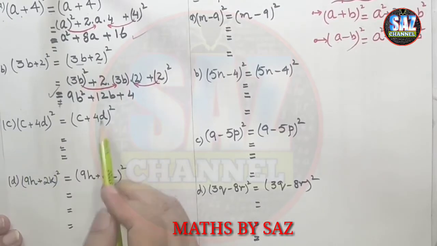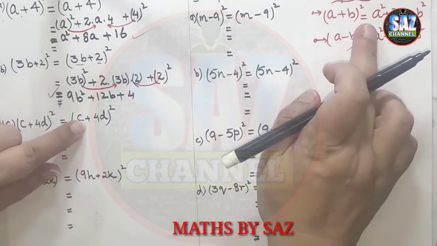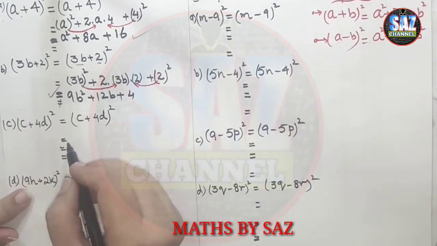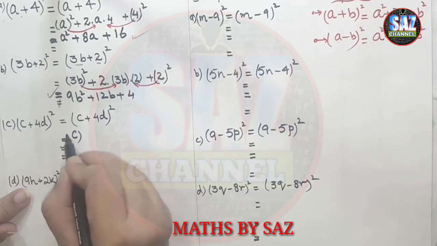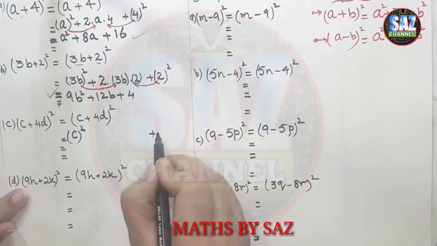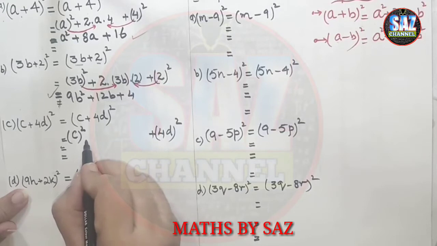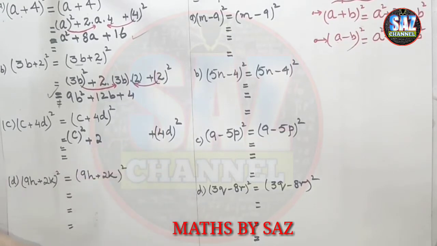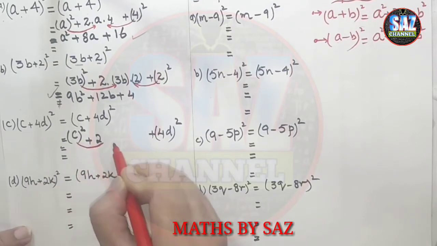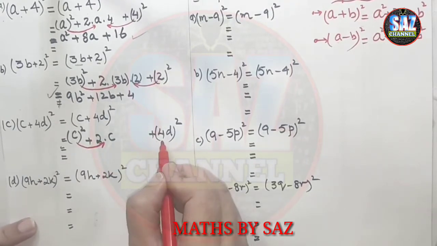(c + 4d) whole square. So a of the question is c and b is 4d. So I have to express it in the form of the identity: c square, and instead of b square I will write 4d whole square, and plus 2, and then I have to write a of the question, that is c, and b of the question, that is 4d.